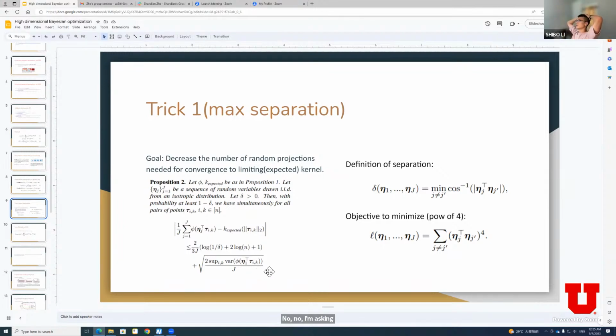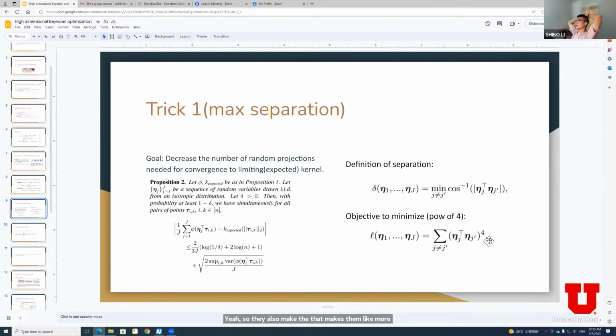So what's the objective? To minimize the power 4. Oh, so they want to make the random projections more spread, to convert the diversity of the random projections. Yeah, they want to make them more diverse in direction.